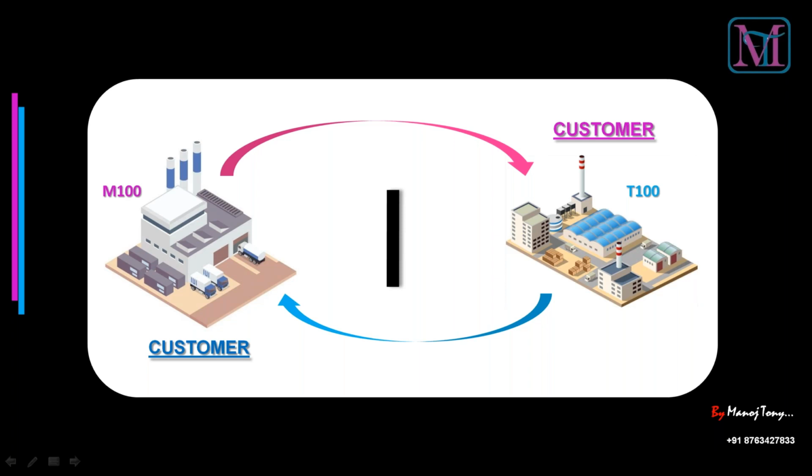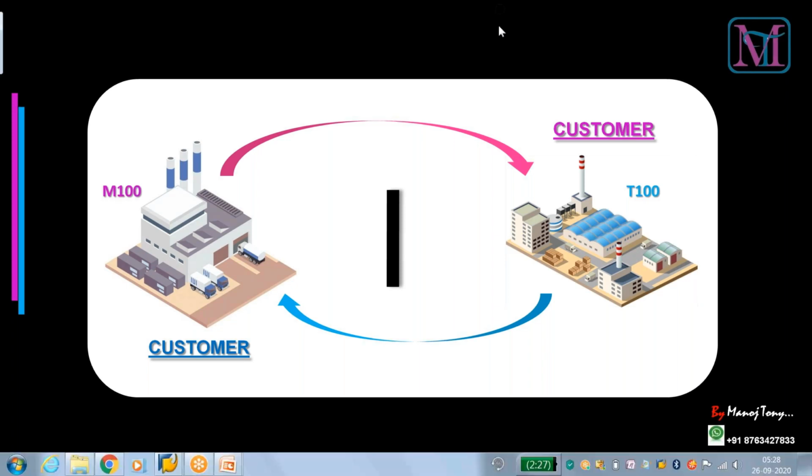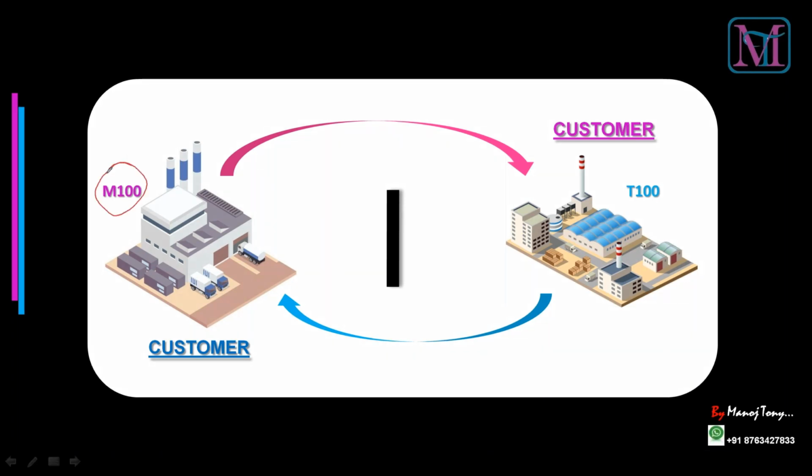So what is a plant customer? For the purpose of stock transport order, we create the receiving plant as a customer in the supplying sales area. Suppose now we are transferring the stock from M100 to T100 plant. Here the supplying plant is M100 and T100 is our receiving plant.